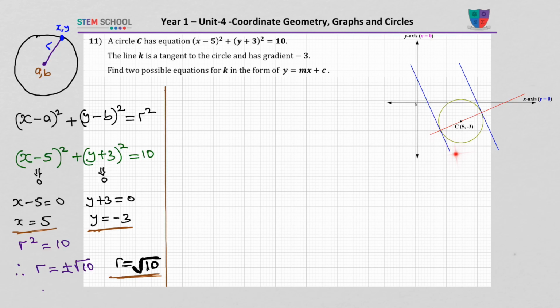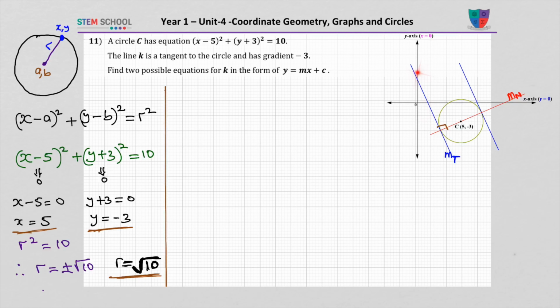This line is a tangent, and if we draw a line from the circle center to the tangent, we would have what is called the normal. So this one here is the normal, because it is at a right angle to the tangent. The red line is the normal and the blue line is the tangent line.